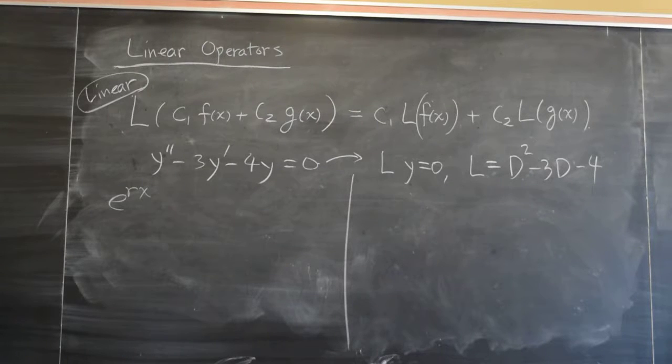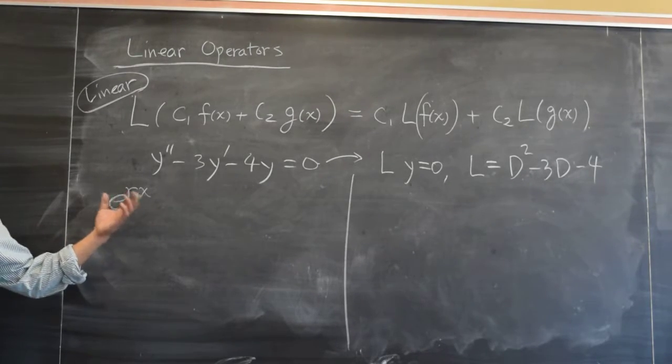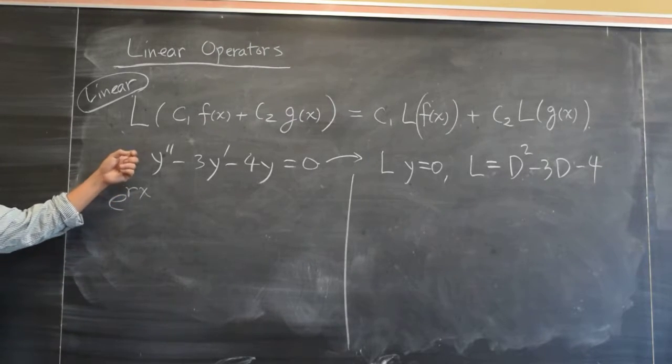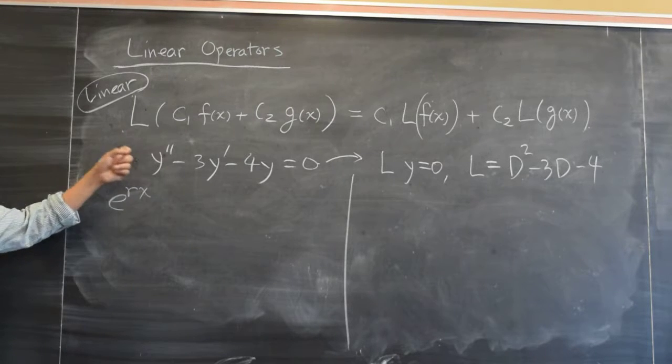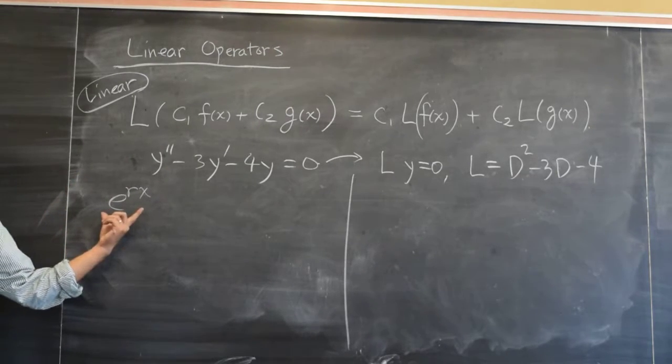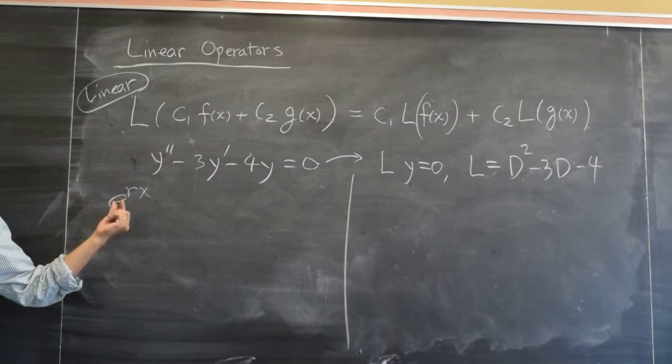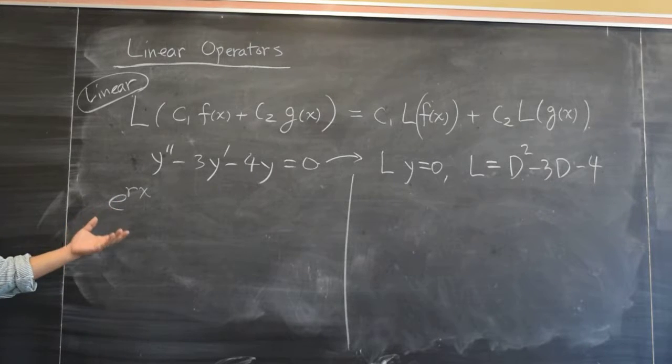This is the experience you gain: any constant coefficient linear homogeneous differential equation will have a solution that looks exactly like this. Then we just plug this in and figure out what values of r give me the exact solution.